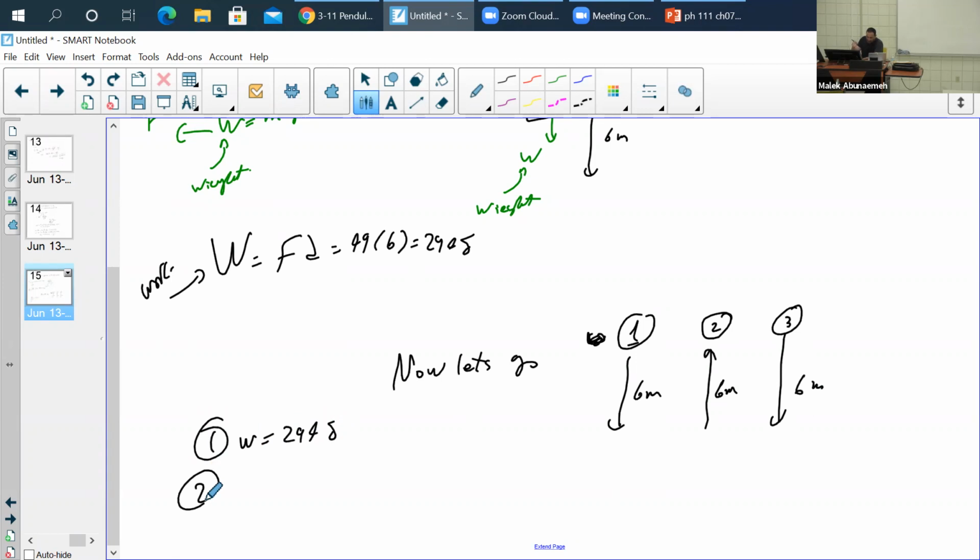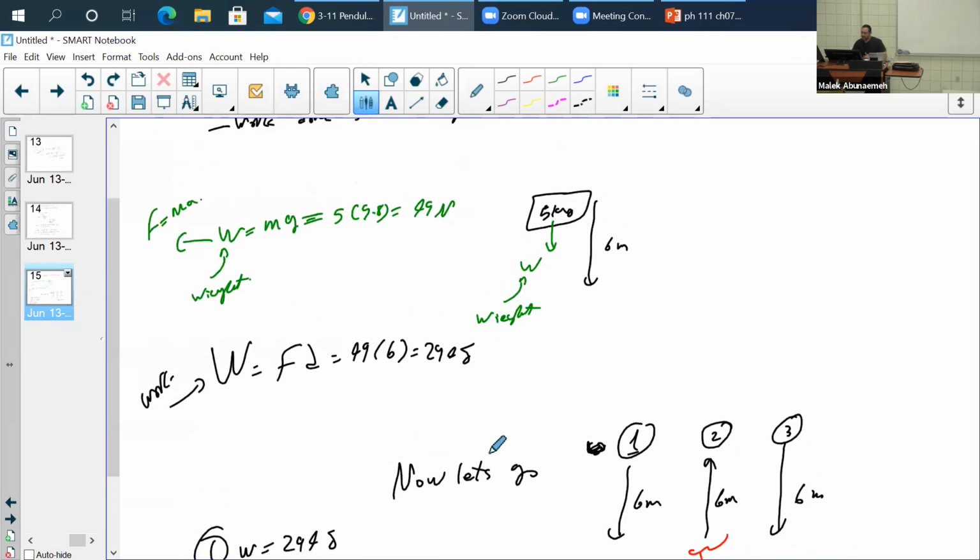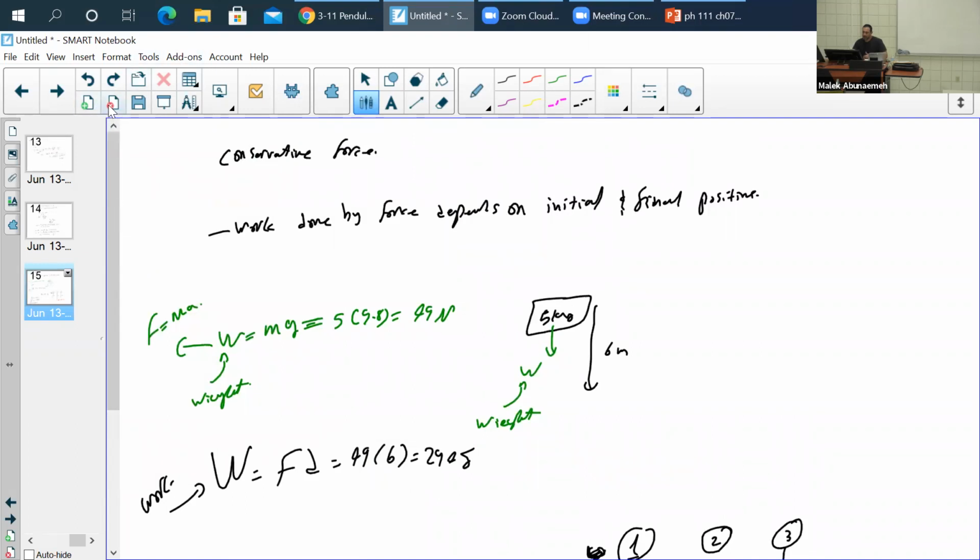On the second one, you're going opposite gravity, which means your work in this case is minus 294 joules. On number 3, your work goes back to 294 joules. So for conservative forces, the work done by the force depends on the initial and the final position.